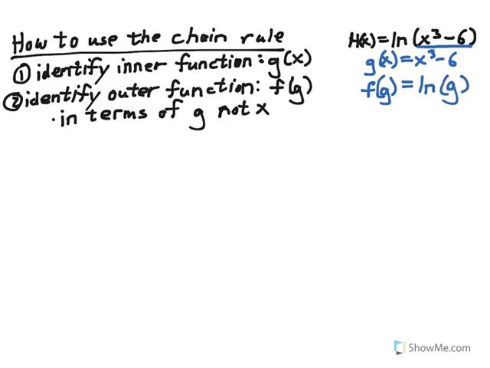So that if you were to substitute the inner function into the outer function, in other words, if you were to take out the g and use the top expression for g, then you would be back where you started.